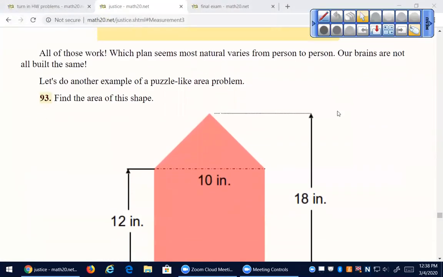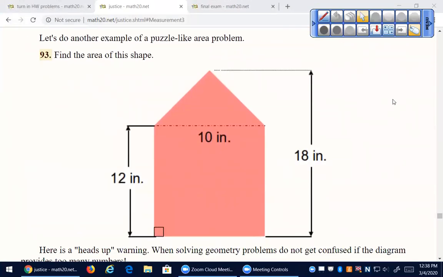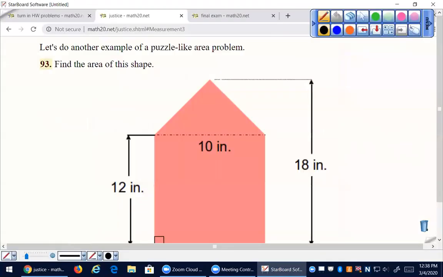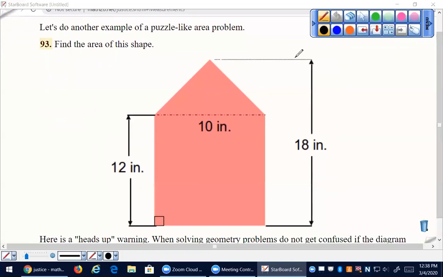Let's look at something a little more complicated. Find the area of that kind of house shape. We know that the area of a triangle was 1/2 times base times height.